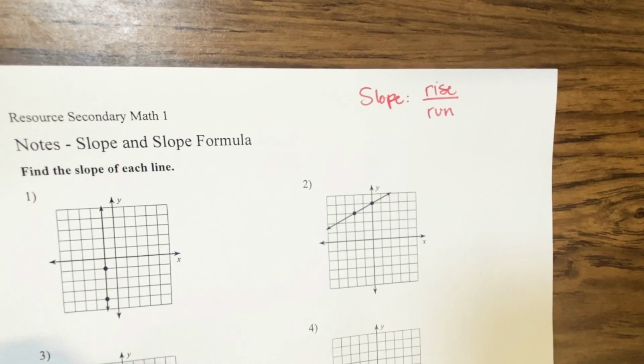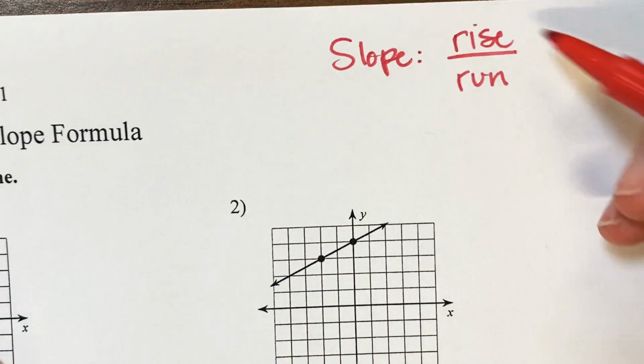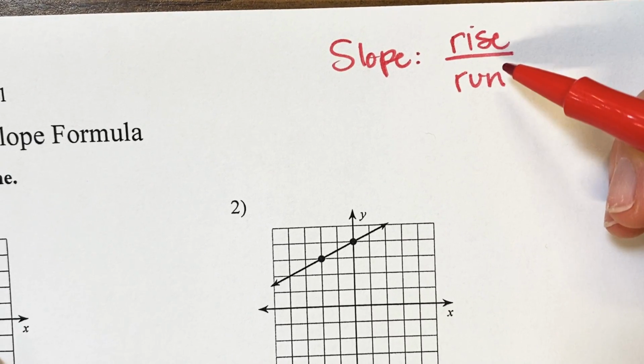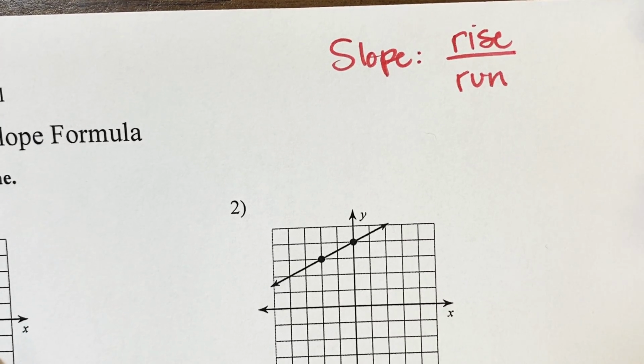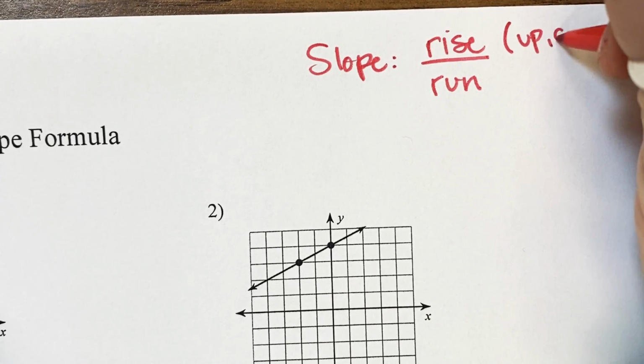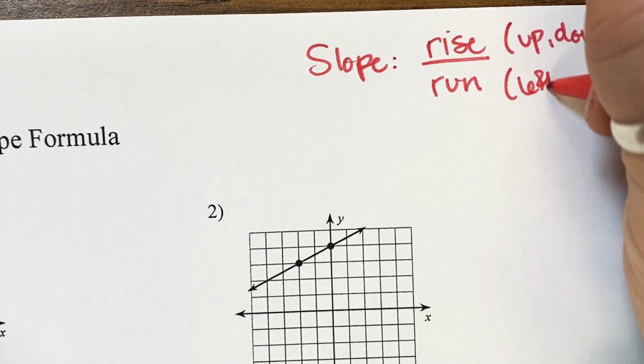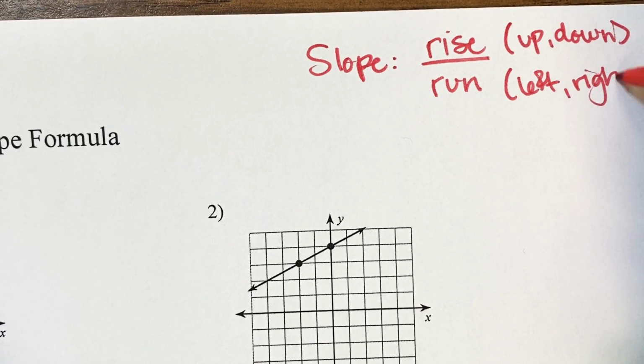We've talked about that a little bit. Rise over run, meaning we're always going to go up or down before we go left or right. Okay, in fact, let's write that down too. Up or down before we go left or right.